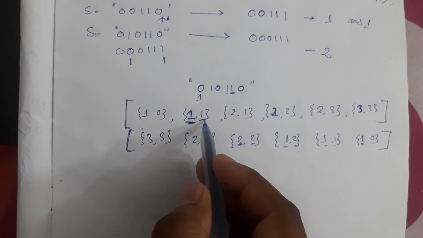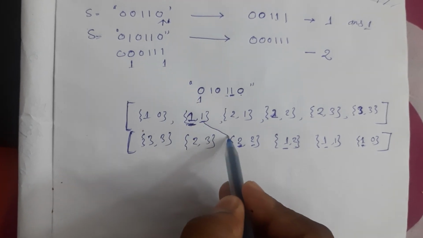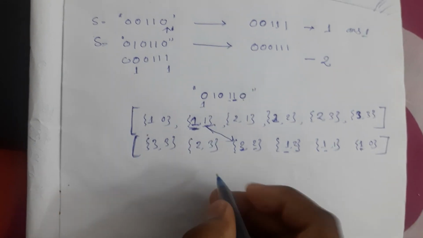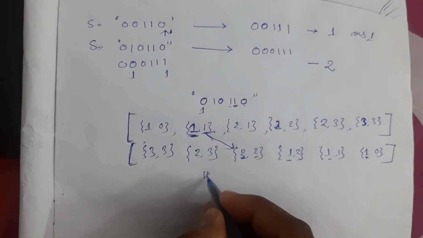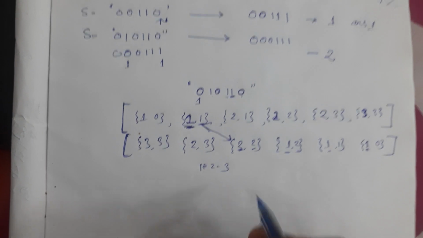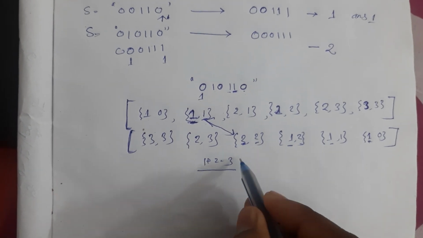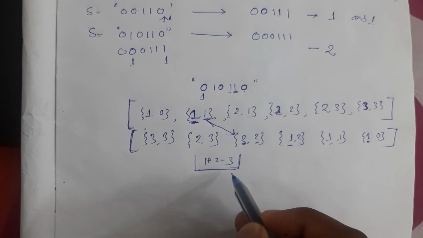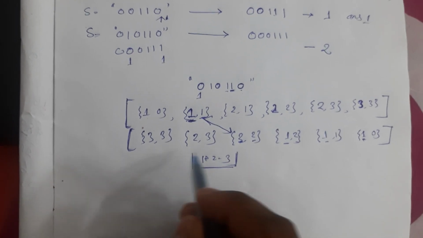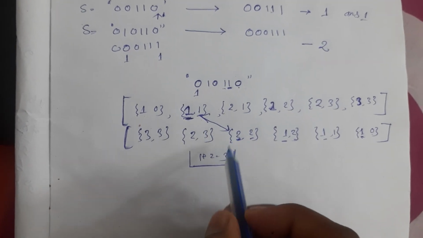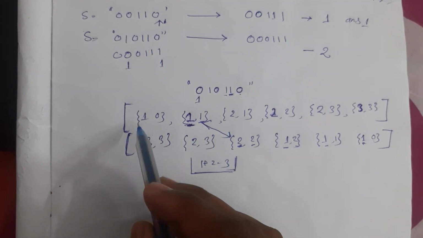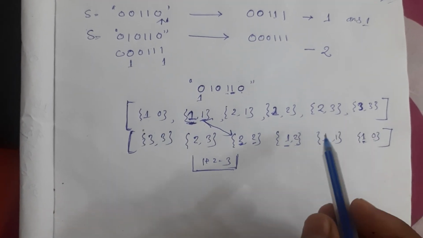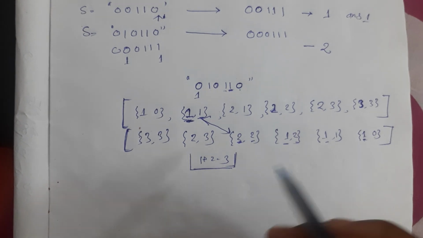So the number of operations is 1 plus 2, which is 3. This could be one answer, but not the minimum number of flips. So we need to find the minimum number of operations by iterating over the whole array.